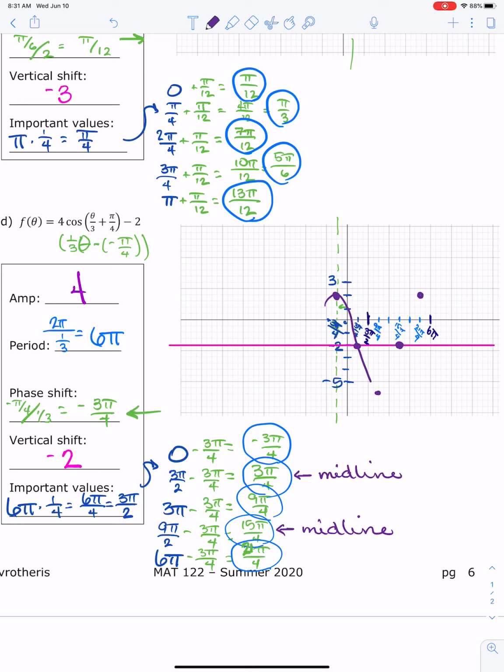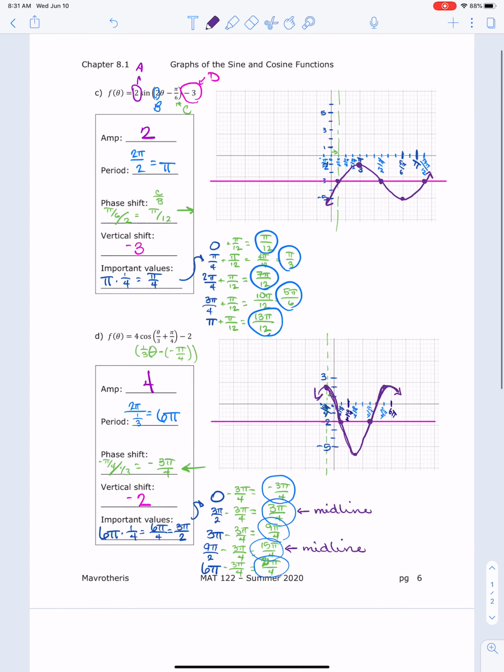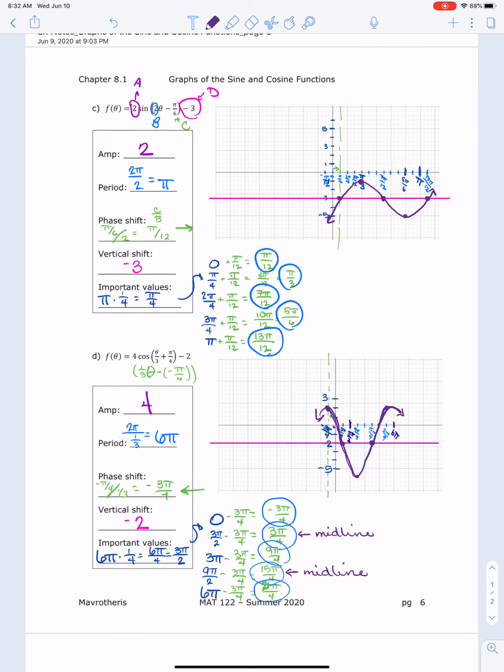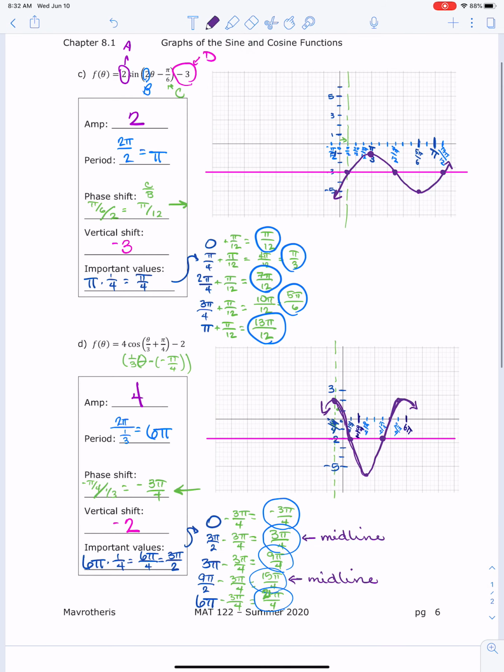And I could go ahead and just graph this in. You could make that a little curvier. Use your imagination. It's all good. Right? So hopefully that helps. Definitely let me know if you have any questions on this.